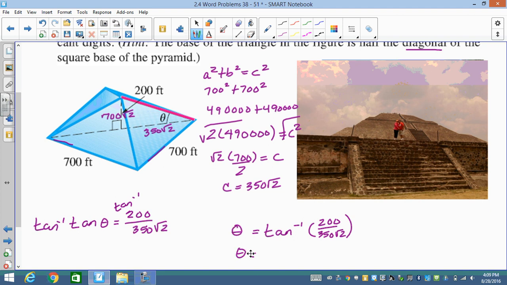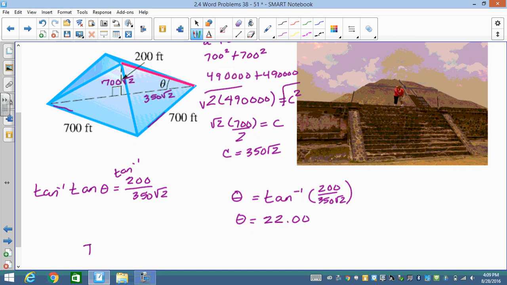I put in tangent instead of arctangent, which gives us 22.00, but they wanted it to 2 significant digits. So the angle of elevation is 22 degrees.